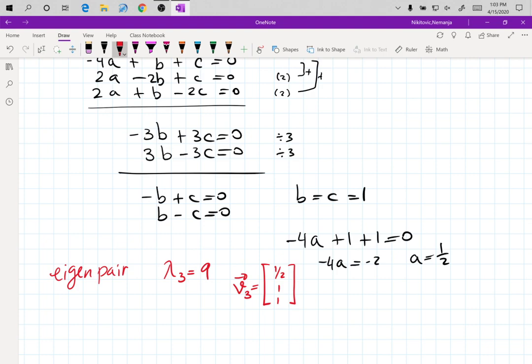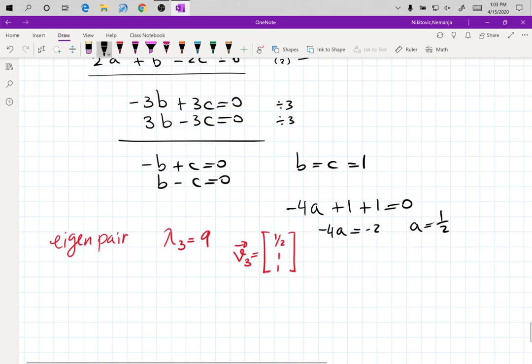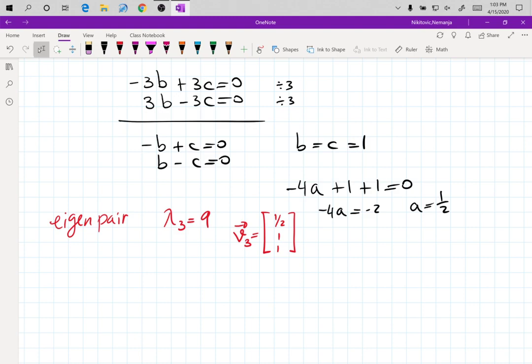So finally we have all three eigenpairs, and I put those eigenpairs together into a single solution.